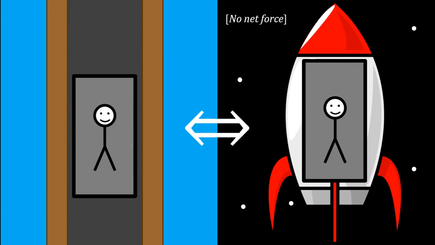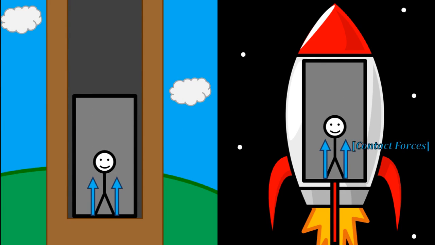Since you cannot feel its effect accelerating you, he wondered whether gravity was even a force at all. Now the first lift hits the ground, and at the same time, the spaceship turns on its engines and accelerates upwards. Now both men fall to the floor of their lifts, and once again the lifts cannot be distinguished. This shows that the effects of acceleration can also be produced by gravity, and vice versa.